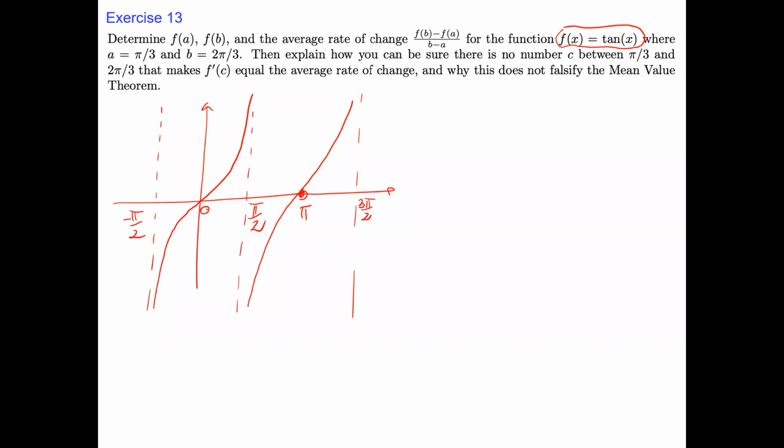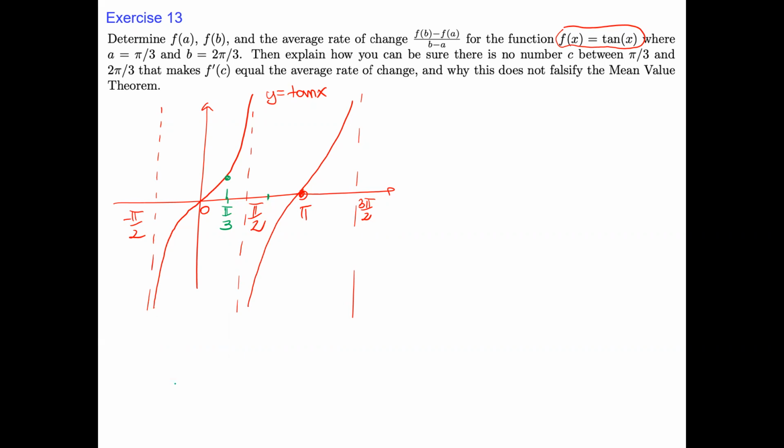Every pi over 2, we have a vertical asymptote. That means this is tangent. And we have discontinuity because our interval is pi over 3 and 2 pi over 3.